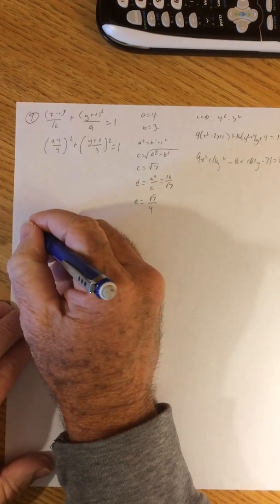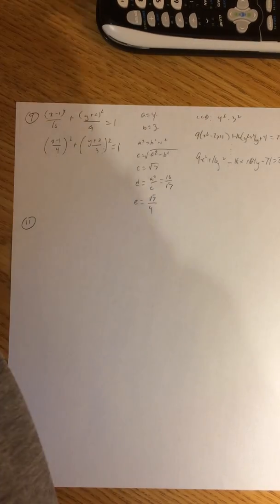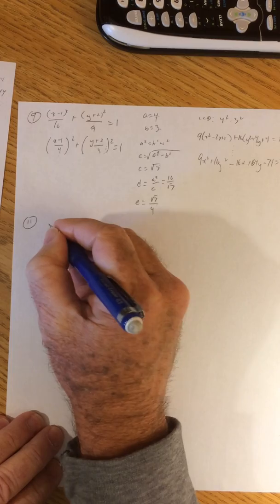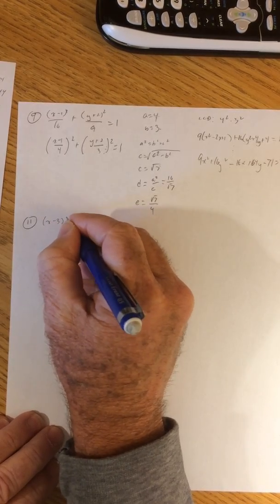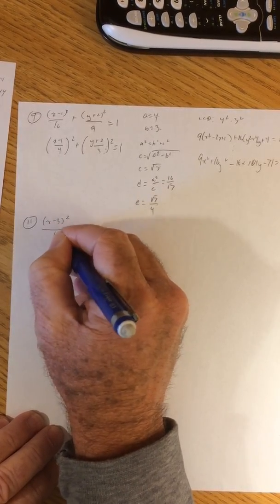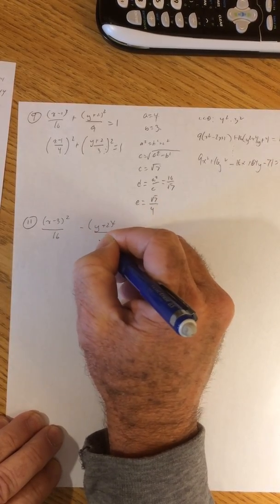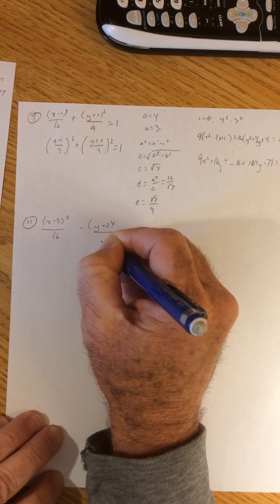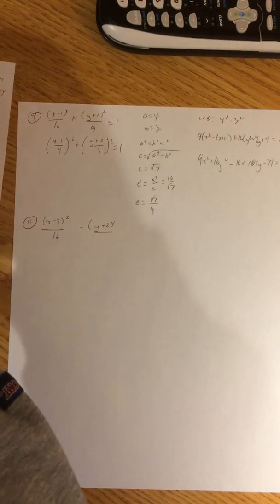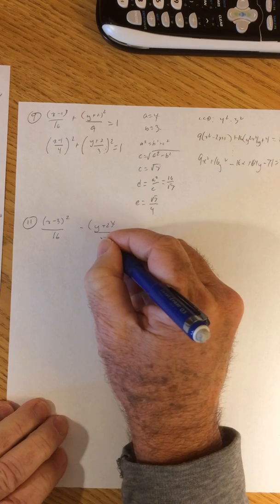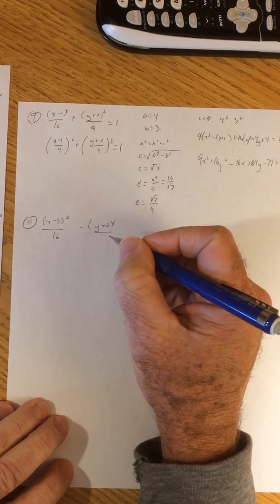All right, let's move to number 11, out of the extra sheet, I should say. Number 11 was written like this on the sheet: (x minus 3) squared over 16 minus (y plus 2) squared over 16. I take that back.